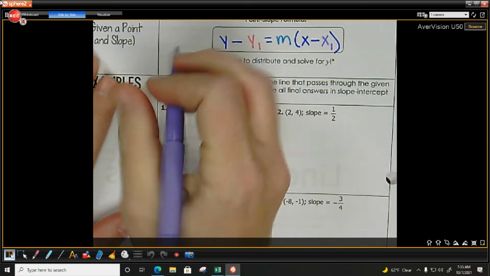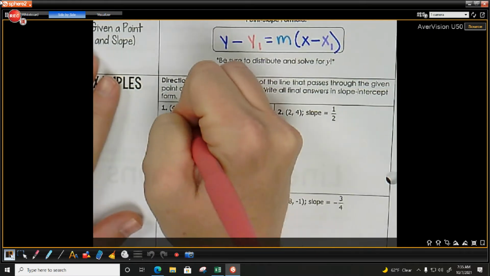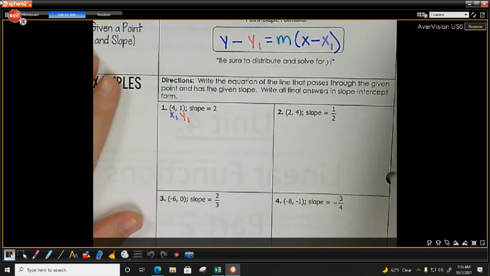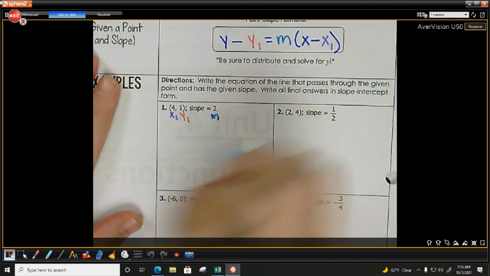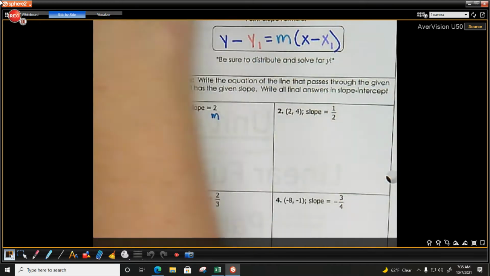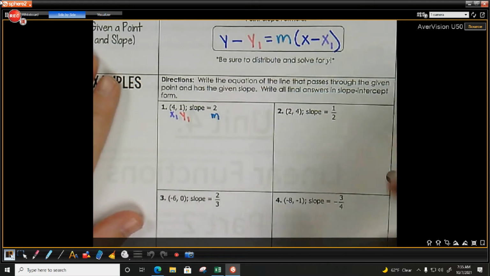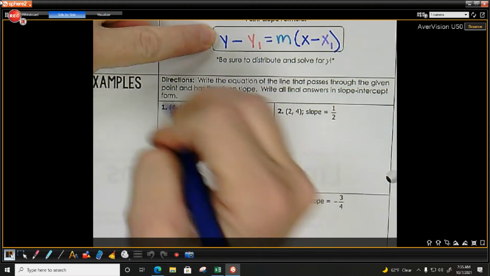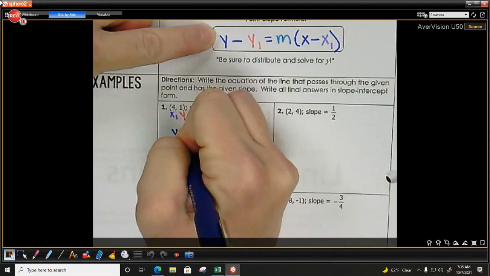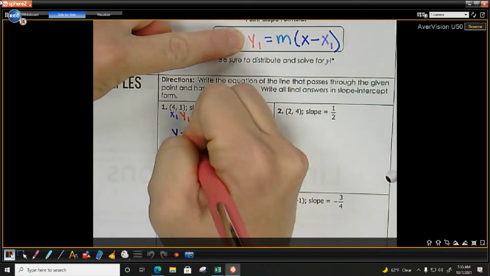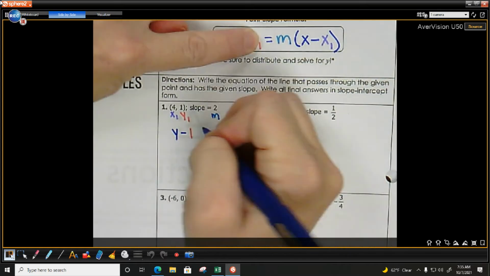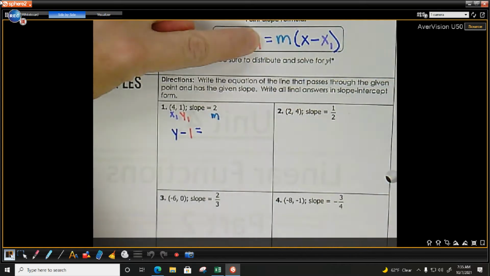So we're going to label our ordered pair, x1, y1. And then I'm going to label my slope, m. We're going to use our formula. So look up here. It's y minus, what did we just label y1? 1 equals, what did we just label m?